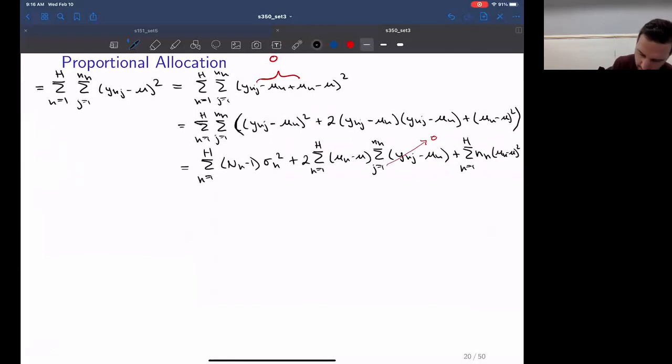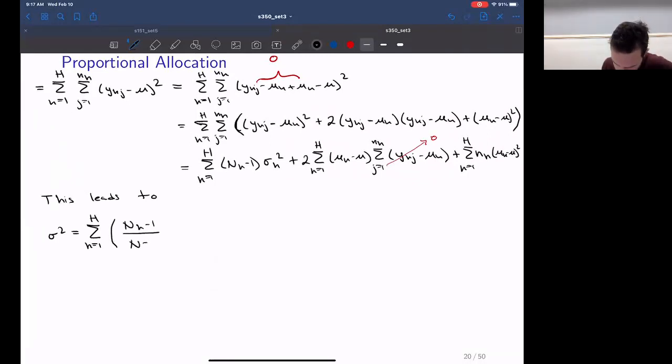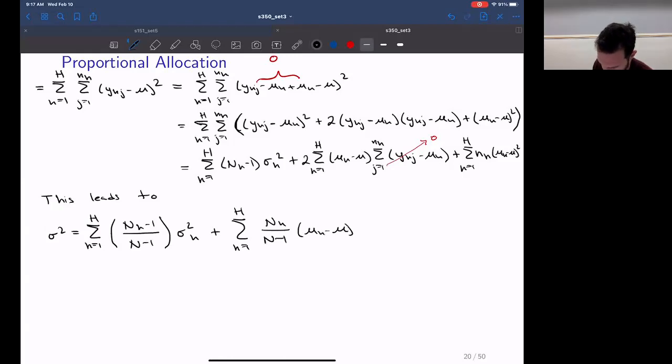And then we can say this leads to sigma squared is equal to the sum from h equals 1 to capital H of n_h minus 1 divided by n minus 1 multiplied by sigma_h squared, plus the sum h equals 1 to capital H of n_h divided by n minus 1 multiplied by mu_h minus mu squared.